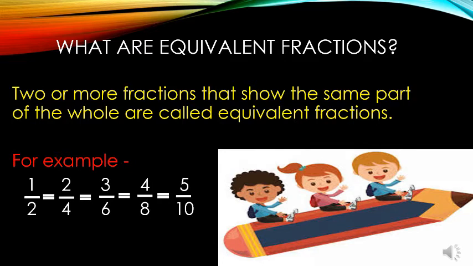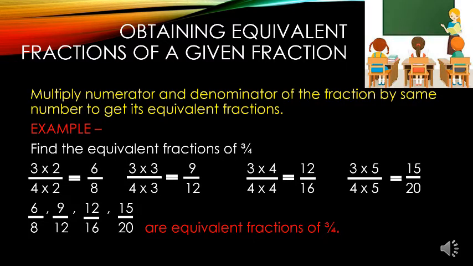For example, 1 by 2 is equal to 2 by 4 is equal to 3 by 6 is equal to 4 by 8 and is equal to 5 by 10. Let us see how we get equivalent fractions of a given fraction.